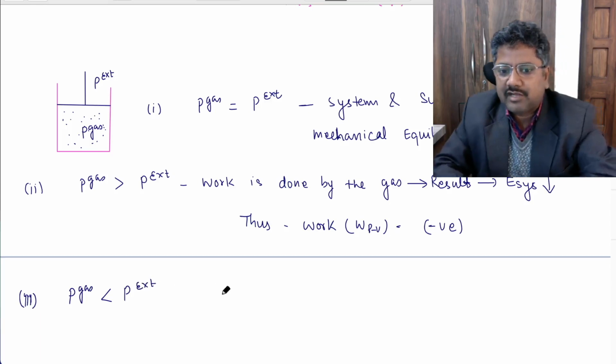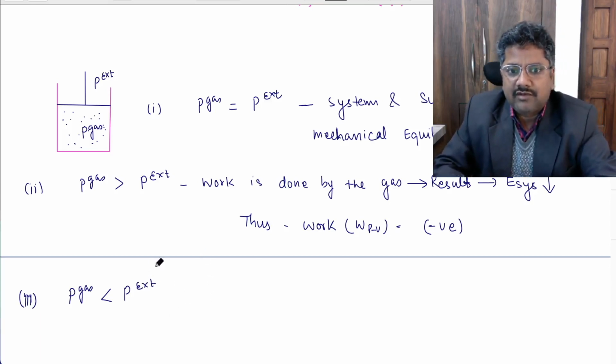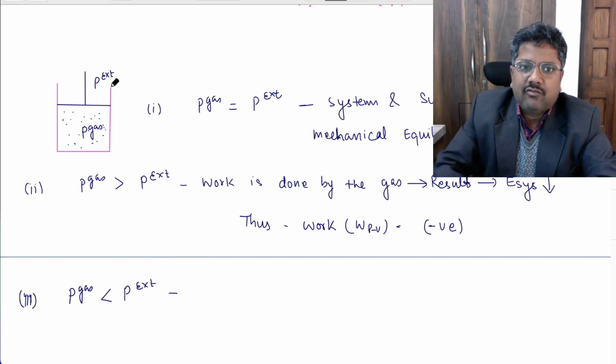Now third case, see, when P gas is less than P external, all of you know that pressure is a type of potential which determines the flow of mass. So this time the work is done by the surrounding on the gas.